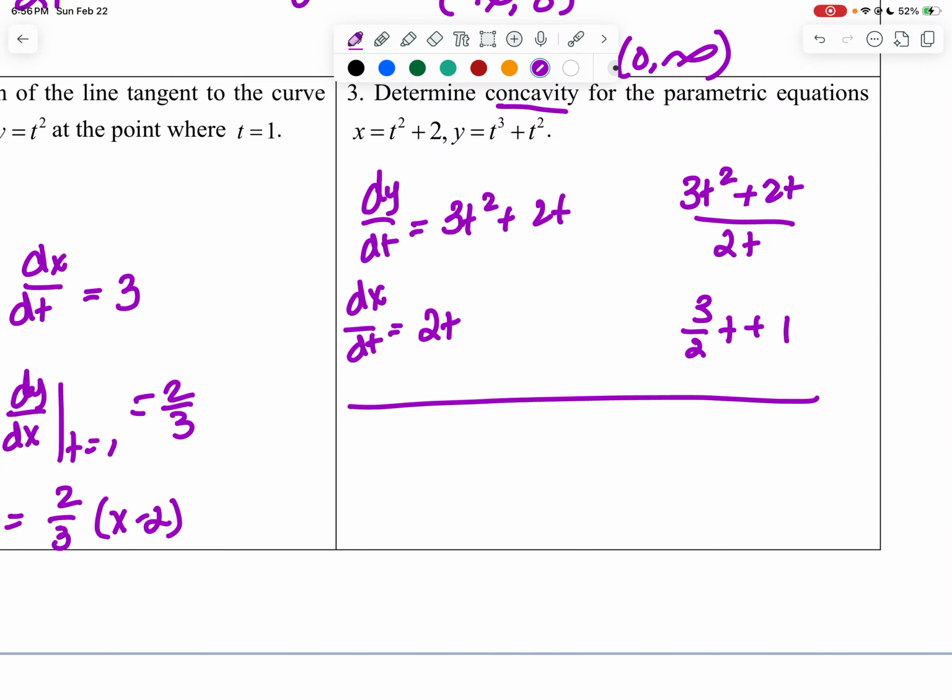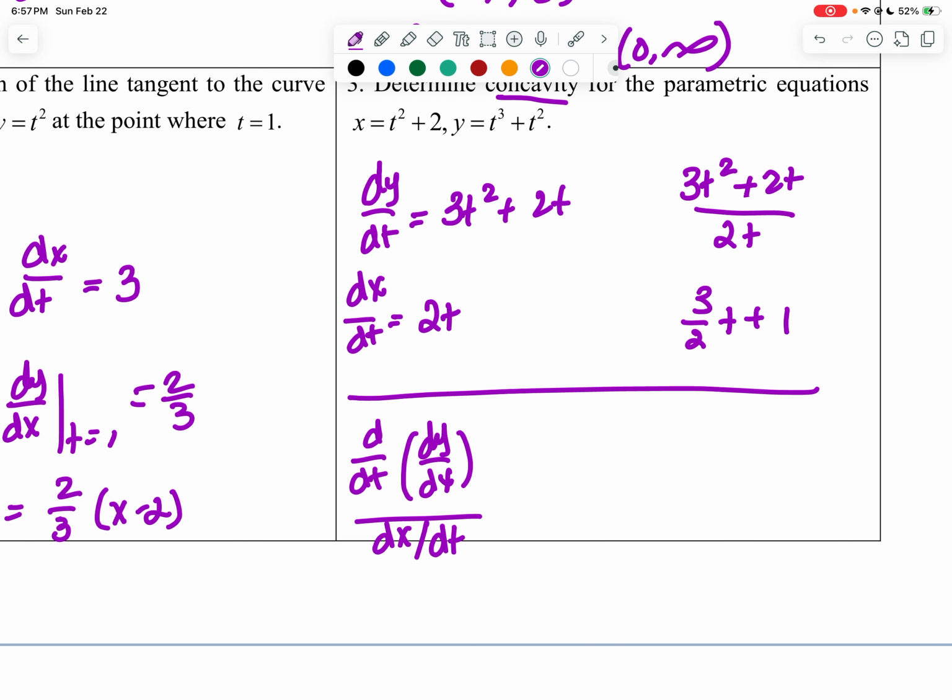which means that my second derivative, once I do my little formula here, is going to be 3/2 all over 2t, which is going to be 3 over 4t.